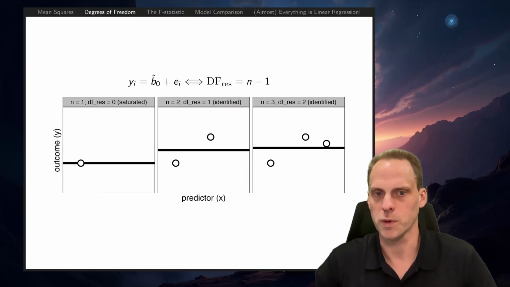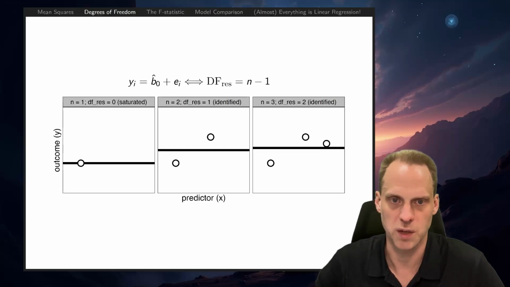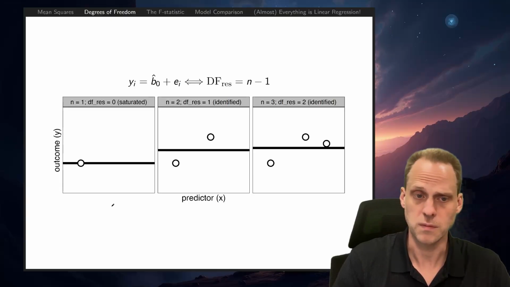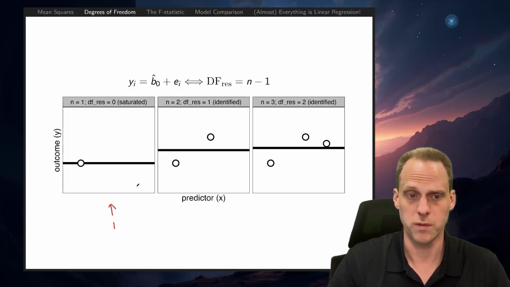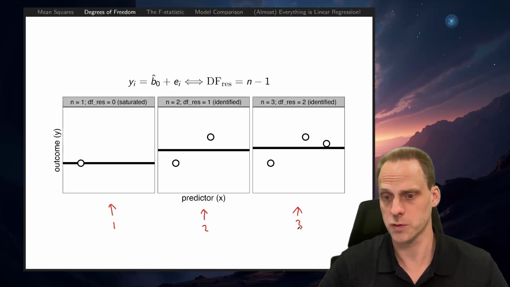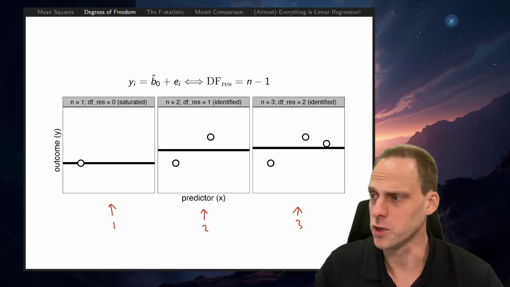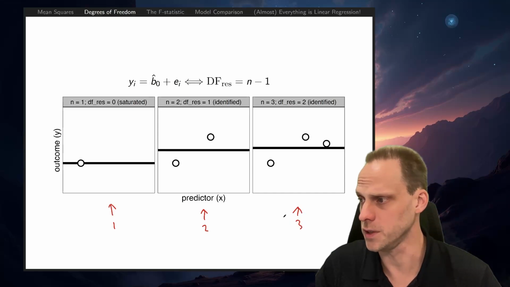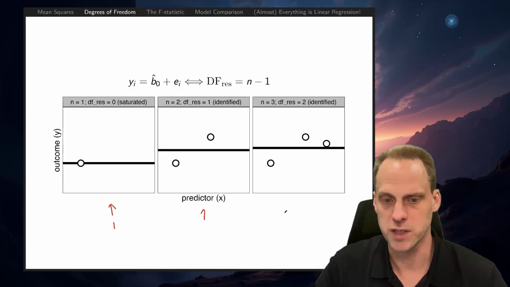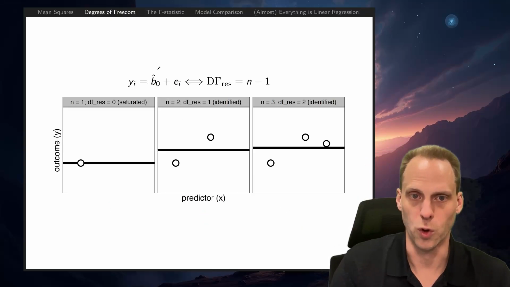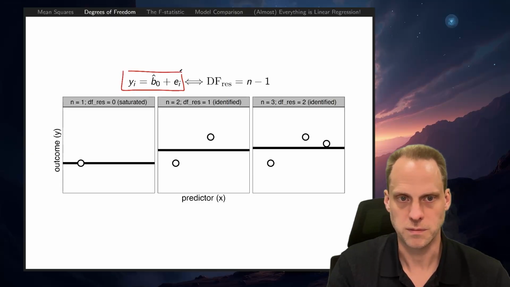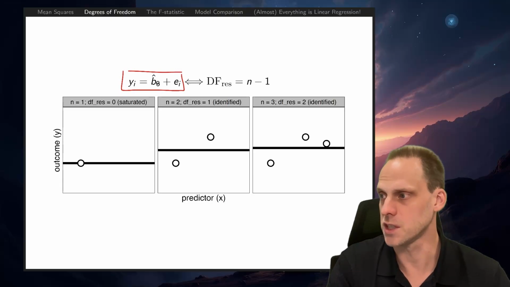Okay, so that's all a bit weird, but let's look at some examples. Here I have 1 data point, here I have 2 data points, and here I have 3 data points. I'm going to try to explain why the degrees of freedom are what they are. Let's say we have a very simple regression model, a null model or baseline model, where the height of the line is simply the intercept.